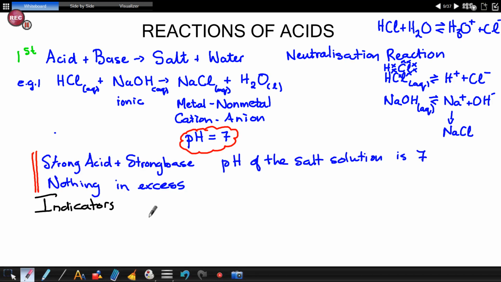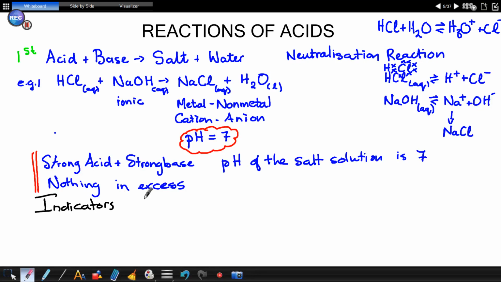Indicators are chemical substances that are classified as weak acids, and they change color depending on the pH of the solution.